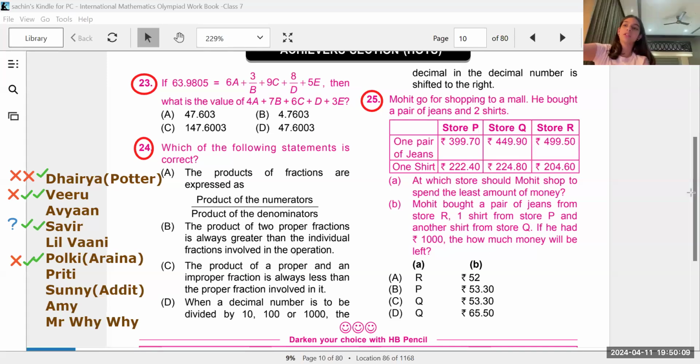Sir, I was doing 23rd. So 23rd only. So Pritesh, which one aren't you getting? 24, 25 you are getting? Oh, yes, sir.